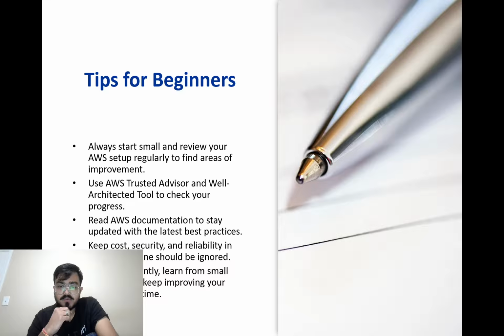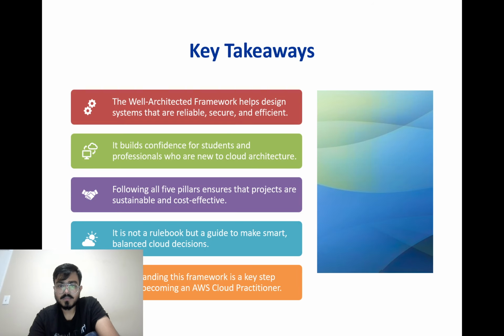Always review your AWS environment regularly and apply small improvements. Balance all five pillars equally, never focus on one and forget the others. Most important, don't be afraid to make mistakes. Every design teaches you something new that helps you become better.